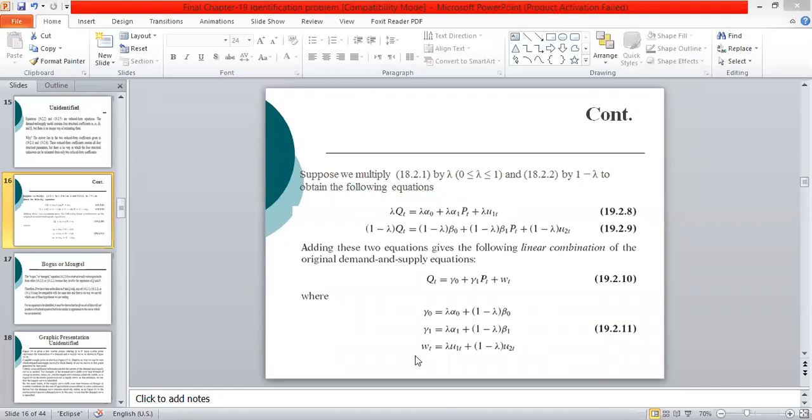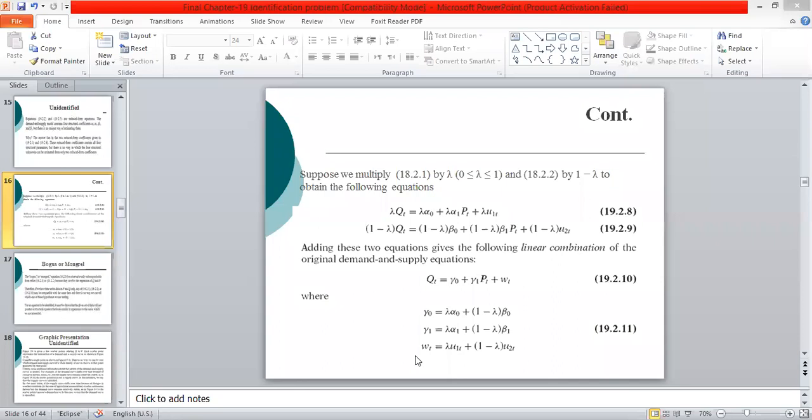We have to compare the bogus equation with the equation of interest. If the equation of interest is distinguishable from the bogus equation, the equation of interest is identified. And if the equation of interest is indistinguishable, it means the equation under consideration is unidentified.